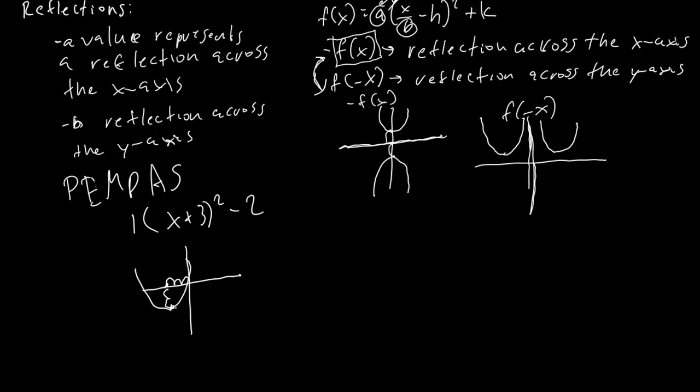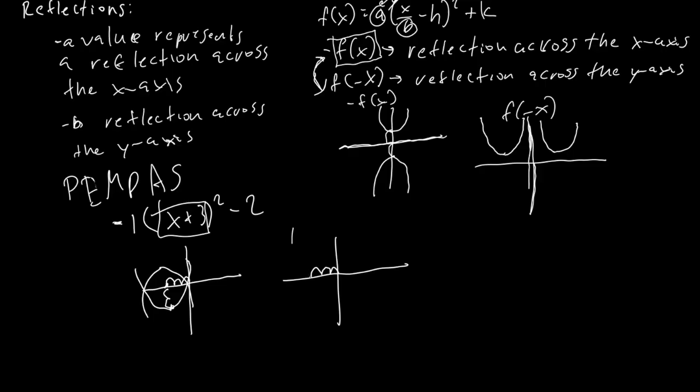What you would do, you wouldn't actually reflect it across the x-axis and go down here, because you have to follow PEMDAS. If you make this negative, you can't just do that. What you do is you go left 3, because it's inside of the parentheses, right? And then you multiply it, you make it negative.